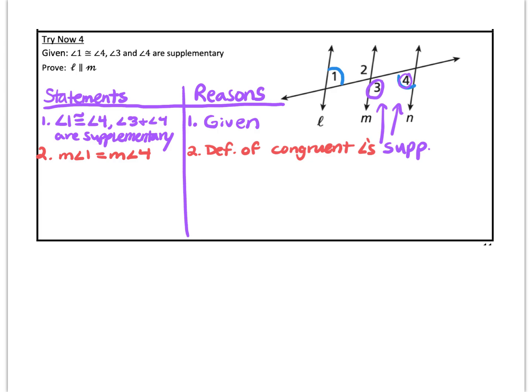All right. Next, let's use the definition of supplementary. So we're told that 3 and 4 are supplementary. By definition, we can say the measure of angle 3 plus the measure of angle 4 equals 180. By definition of supplementary.